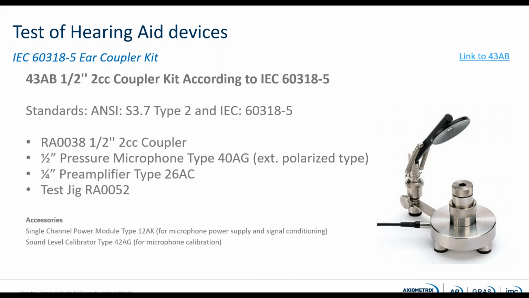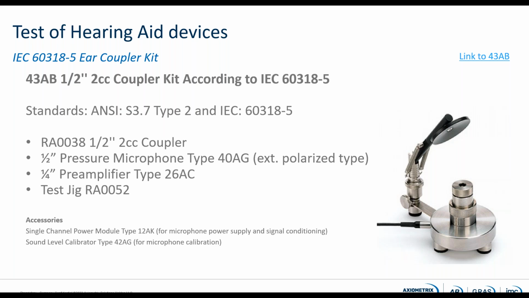This is just to tell you that if you in your production have problems on one production line with some equipment and would like to test some of the hearing aids, then the 2cc couplers are also available in a complete desktop kit.